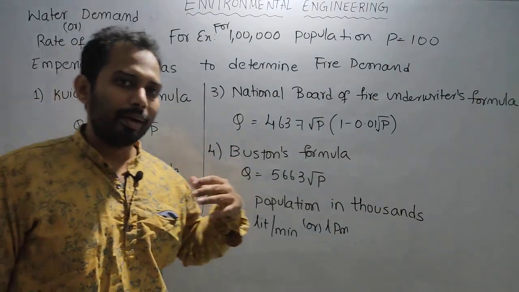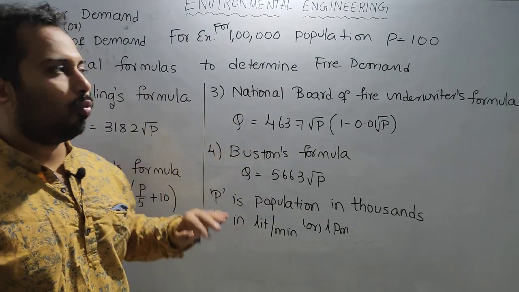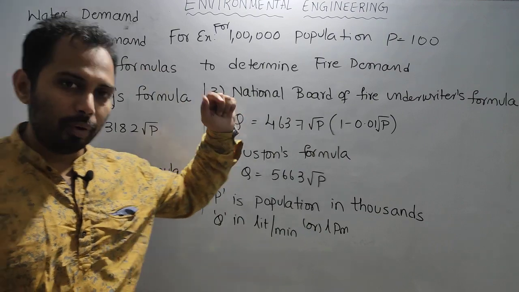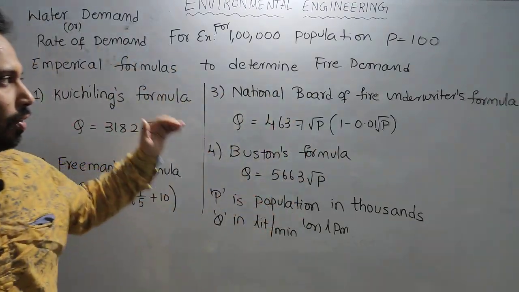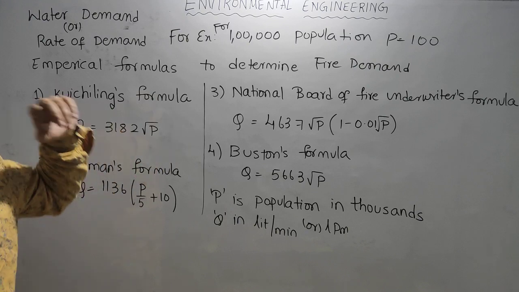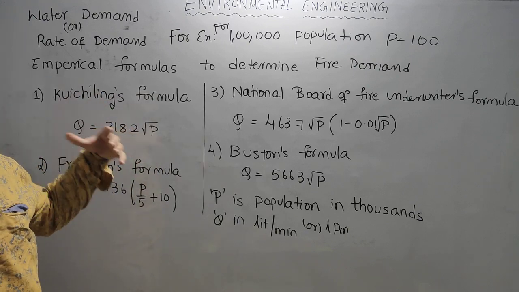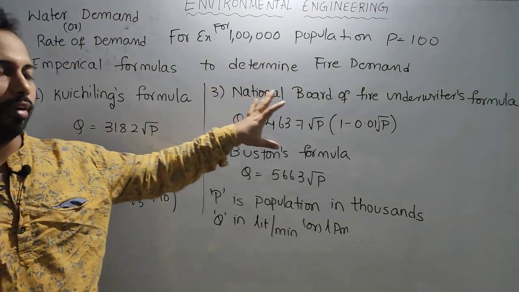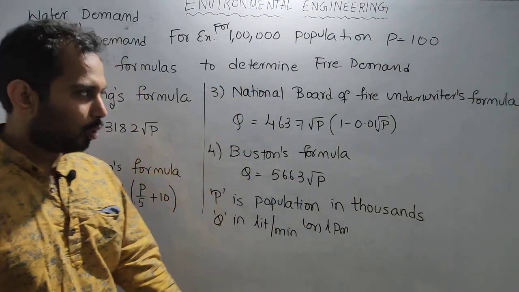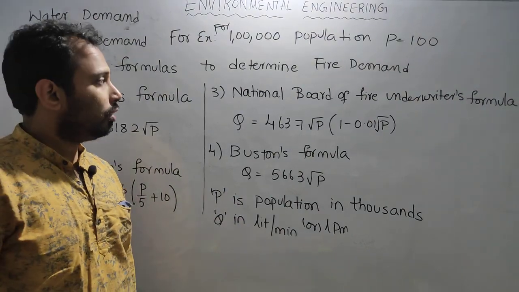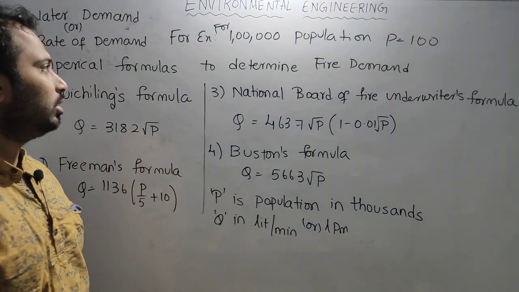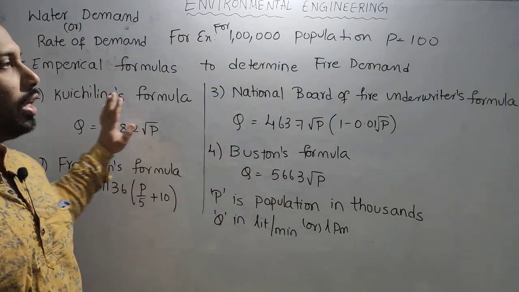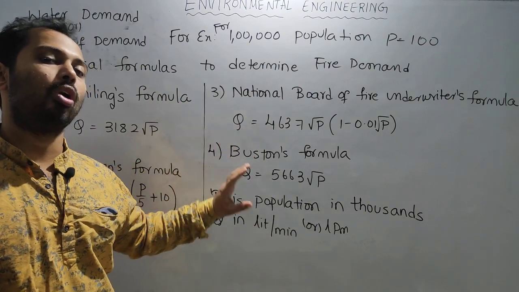Similarly, the total fire demand of that community you will calculate, once you know the population, from any one of these formulas. In general, the National Board of Fire Underwriters formula we use more for the calculation of fire demand in our designs. So this is how we can determine the total amount of water required.